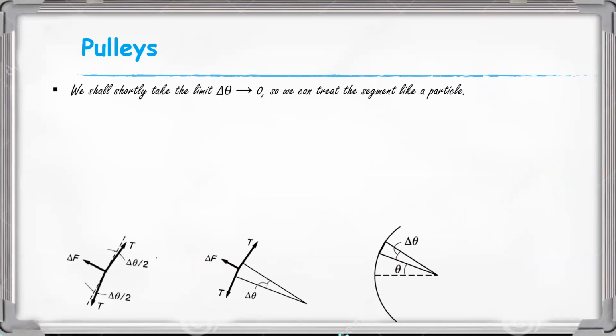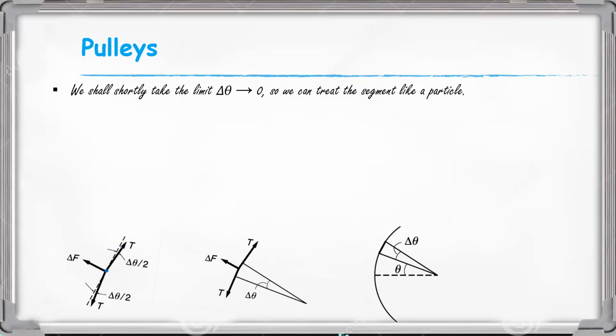So in the limit delta theta turns to 0, we can treat the segment like a particle, and we draw the tangent at the point of the particle.